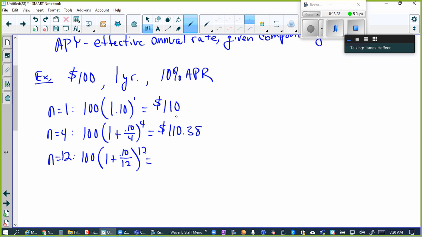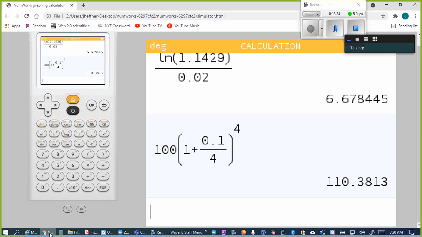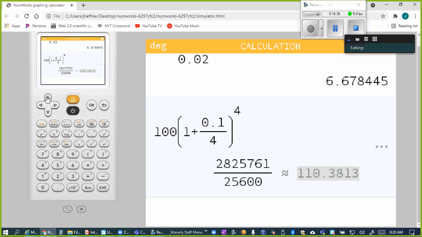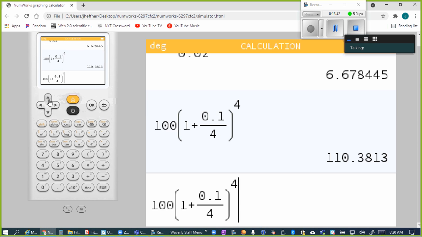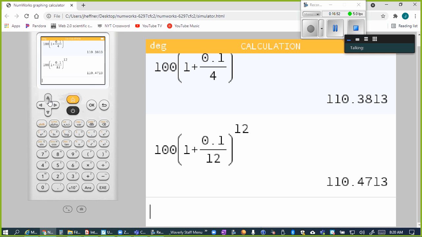All right, let's go back in and find out what it ends up being compounded monthly. Some calculators will do this. I can just hit that and bring it back down. All I got to do is change this to 12. Easier, I think. So now we're at a little bit more, 110.47.